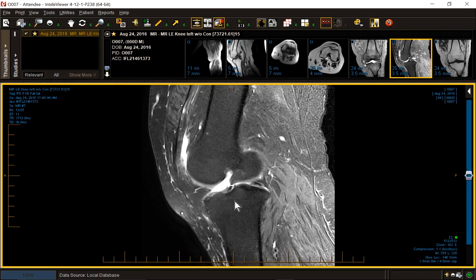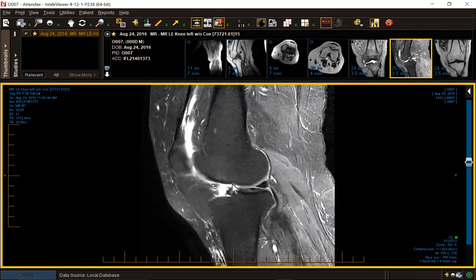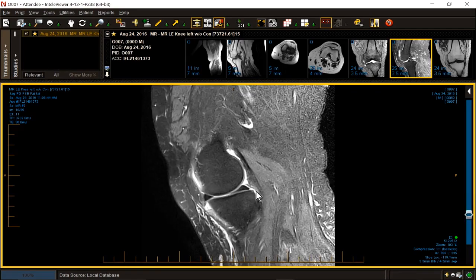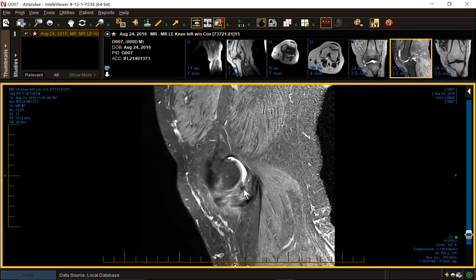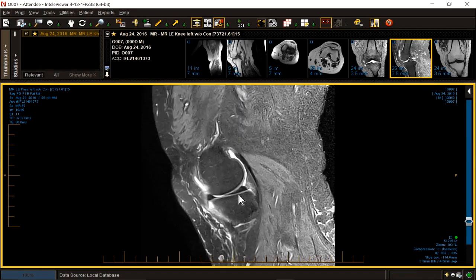And by the way, my sagittal gives me a beautiful view of the PCL, the mid portion of the ACL and the anterior and posterior menisci laterally, medially as well, although as we get out peripherally, we see where the pathology exists. So for anterior and posterior meniscal tears, the sagittal.